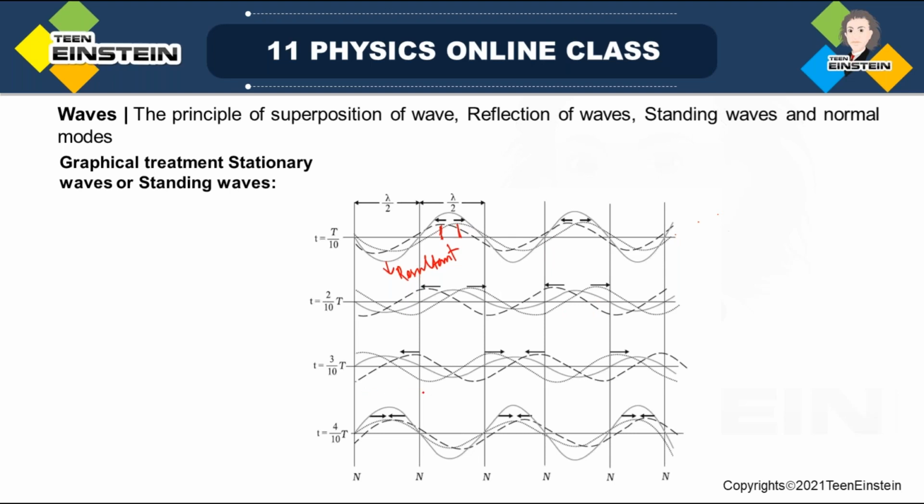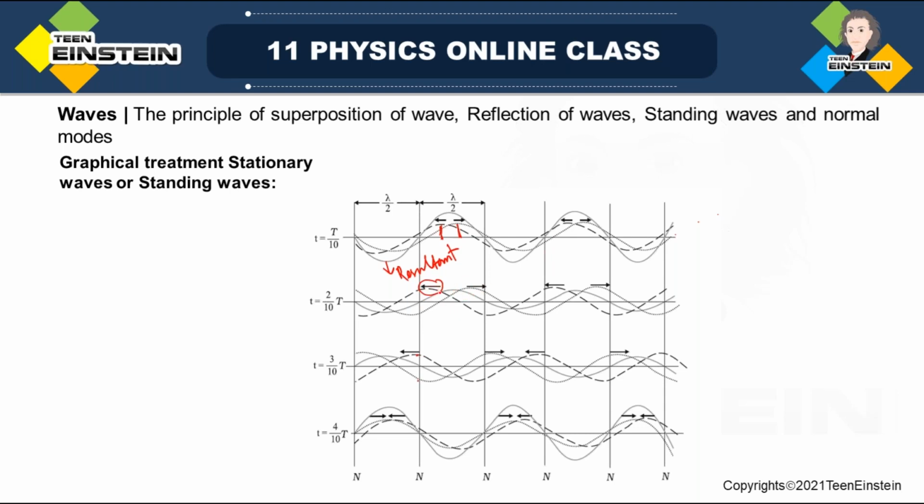Now you can see a further point over here. See these two waves. Now this wave and this wave again have a greater phase difference.